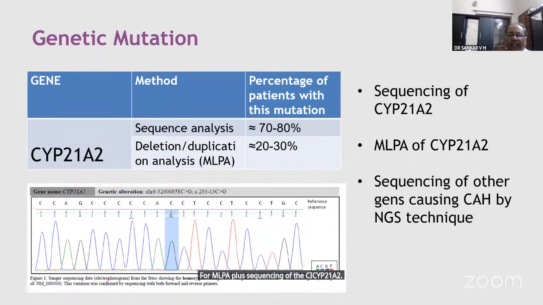And if 21-hydroxylase comes as negative, then we will do next generation sequencing for all other genes. We have to look for 3-beta hydroxy, 17-alpha, 11-beta, all those things, before branding a child as not having any mutation of congenital adrenal hyperplasia. Most of the conditions with this combo testing, we will be able to prove it.